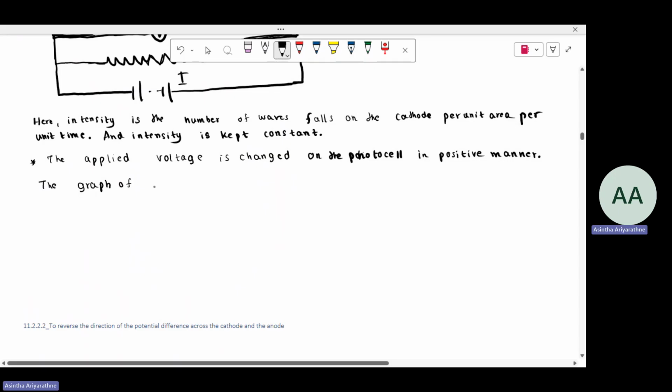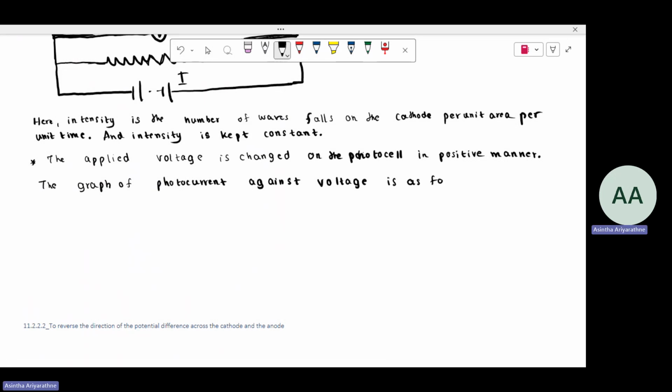The graph of photocurrent against voltage is as follows.